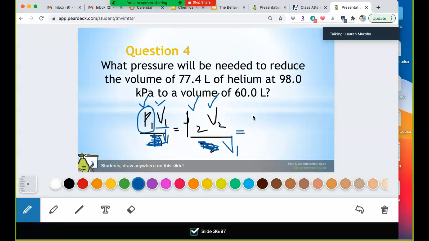So 98, sorry, my pad's not working, so I'm trying to use my finger now, times V2 is 60, divided by V1 is 77.4.